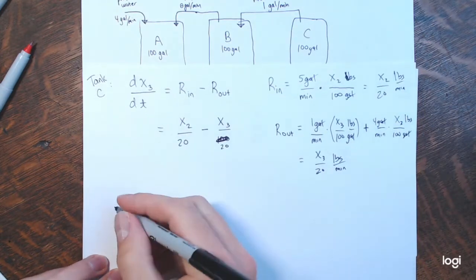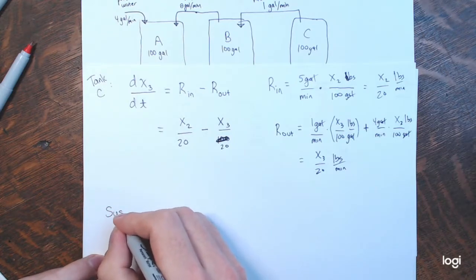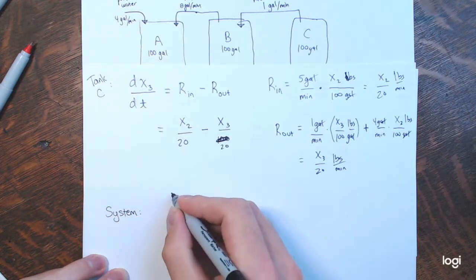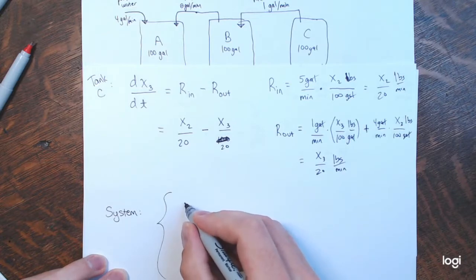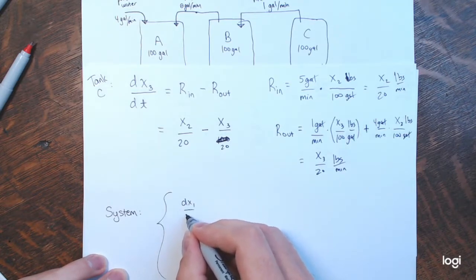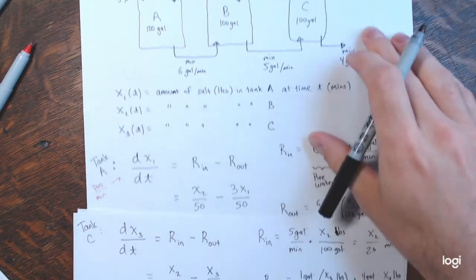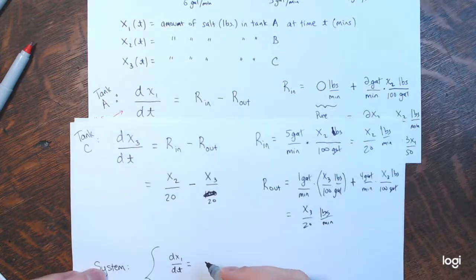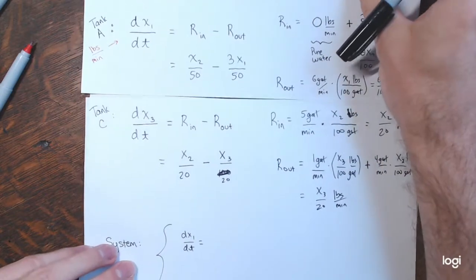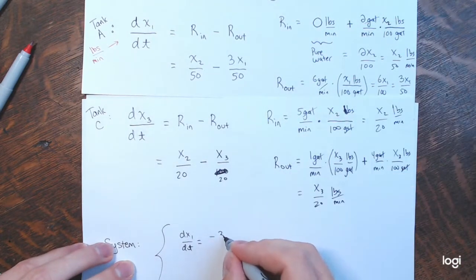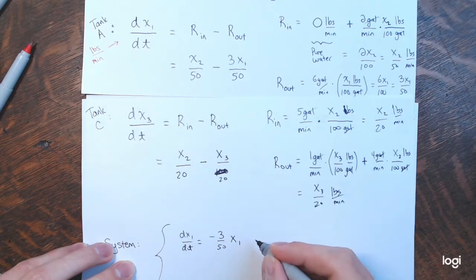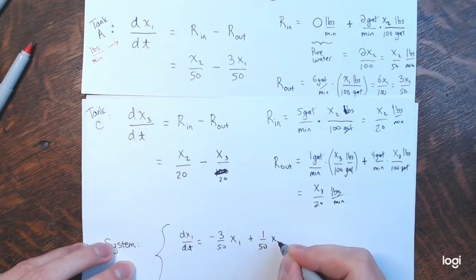All right, so the system in question here: the dx1/dt was equal to what? I'll line them up. It'd be negative 3/50 times x1 plus 1/50 times x2.